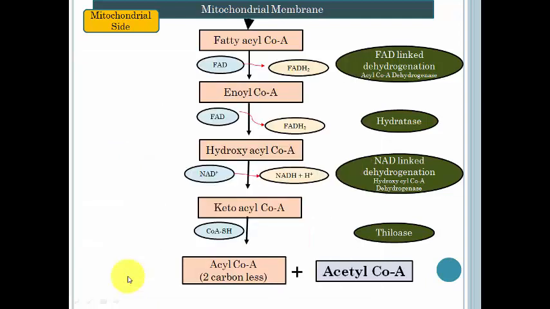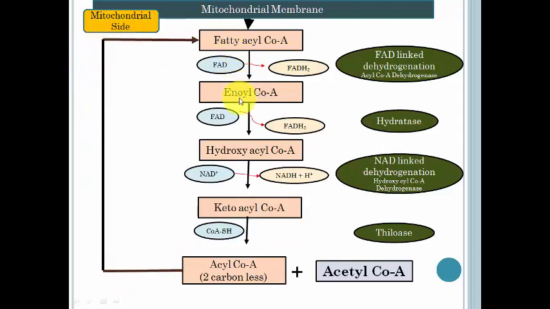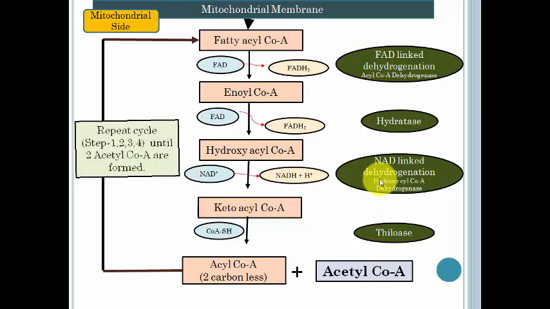Now again this 14 carbon compound will enter into the cycle, and these 4 steps occur sequentially, and again it will form the second molecule of acetyl-CoA and second molecule of acyl-CoA, which is again 2 carbon less. So the cycle will be repeated until the whole molecule is oxidized.